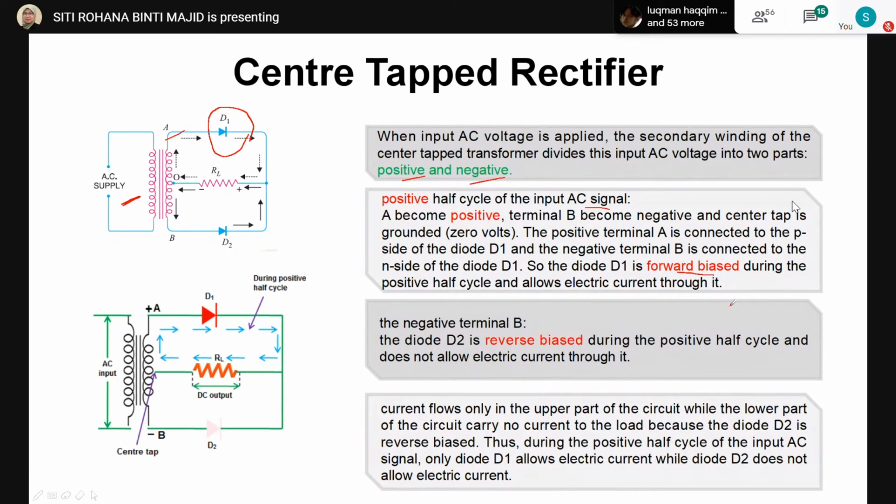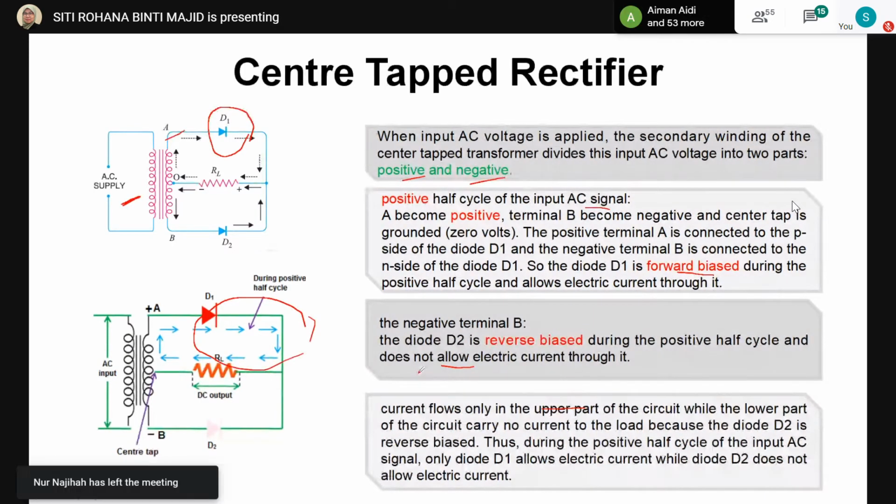The diode D2 is reverse bias during the positive half cycle, so no current will flow through it. The current flows only in the upper part as marked in this diagram, while in the lower part there is no current to the load because of reverse bias.